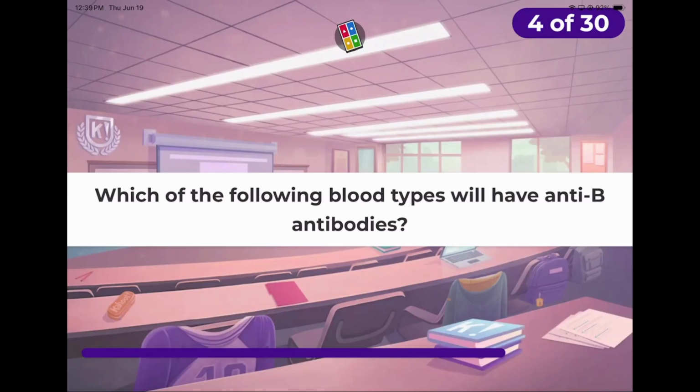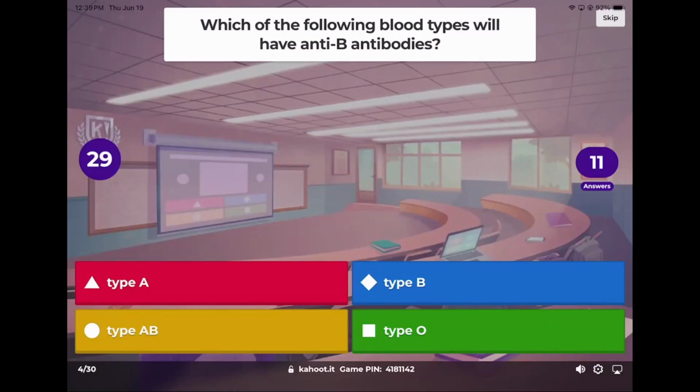Okay, which of the following blood types will have anti-B antibodies in the plasma floating around? Don't assume anything on these questions. I'm only asking you about the anti-B antibody. I'm not saying anti-A. Don't assume that. I just said which one will have anti-B antibodies.